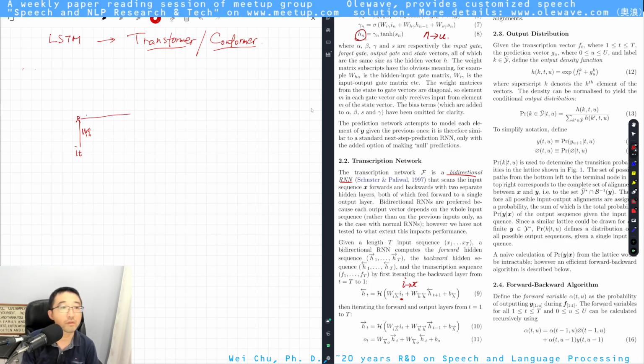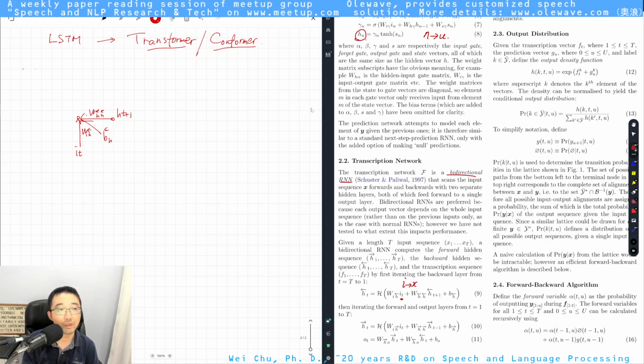I didn't draw it very well. What goes from the future, sorry, from the future, h of t plus 1. This is the WHH backward matrix. And do you have a bias?